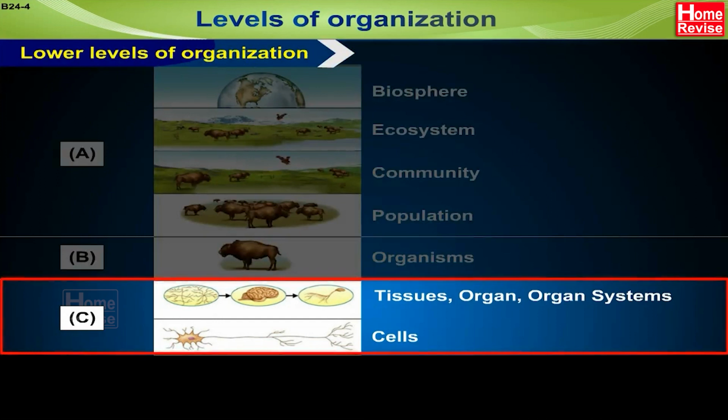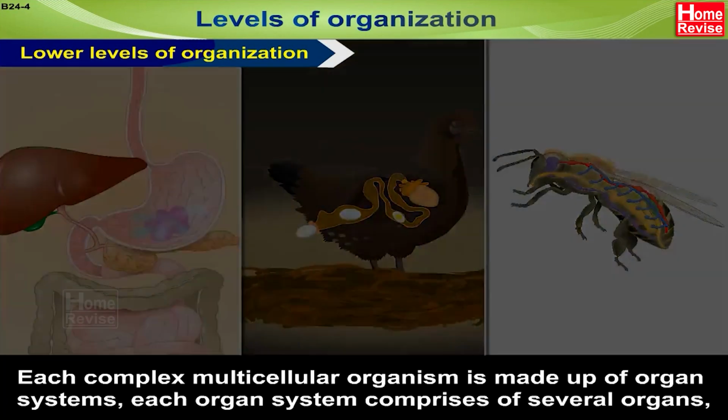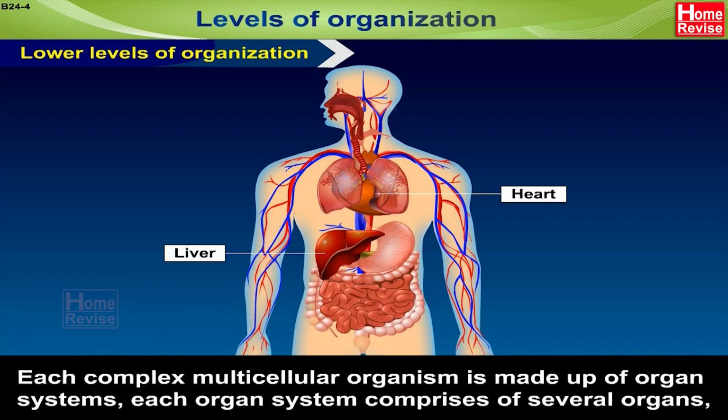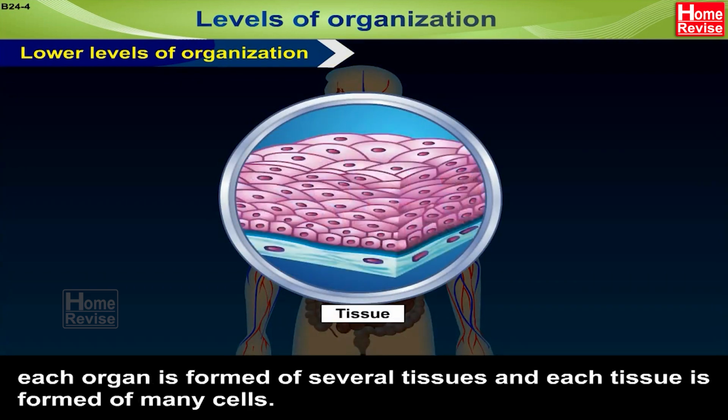Lower levels of organization. Each complex multicellular organism is made up of organ systems. Each organ system comprises of several organs. Each organ is formed of several tissues, and each tissue is formed of many cells.